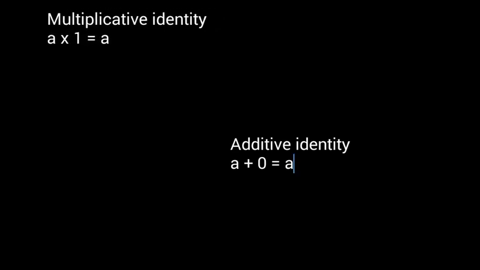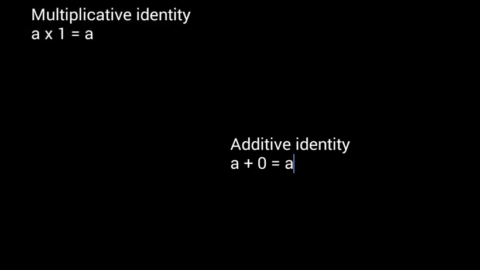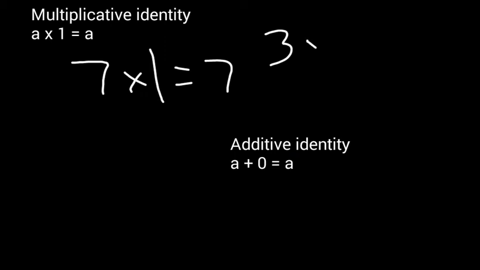Two more properties. Multiplicative identity and additive identity. A times 1 equals A. 7 times 1 equals 7. 3 times 1 equals 3. That's multiplicative identity.